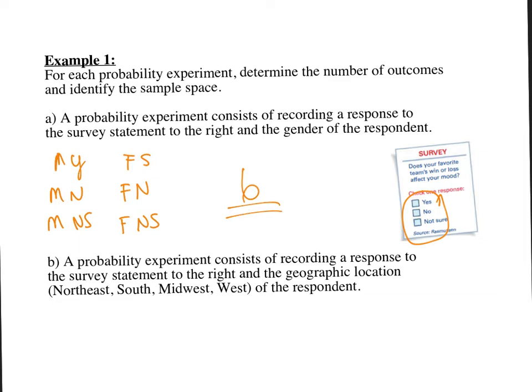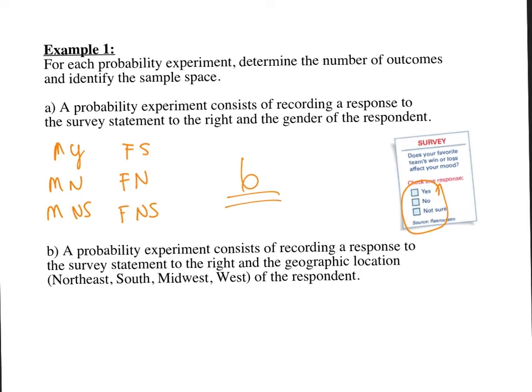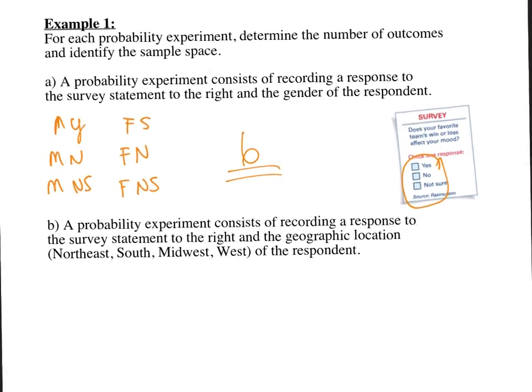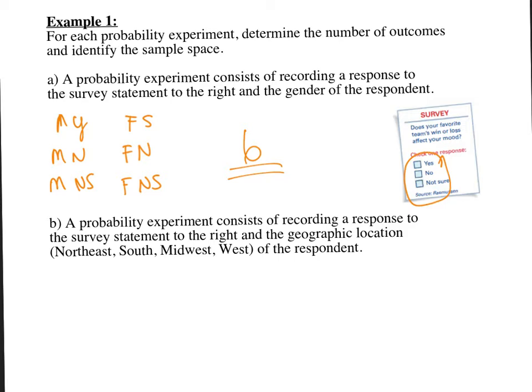Okay. The next one, a probability experiment consists of recording a response to the survey statement to the right. So again, those 3 things, yes, no, or not sure. And then a geographic location. So we have northeast, south, midwest, and west. Those are our options. So they could come from the northeast and say no, yes, or not sure.